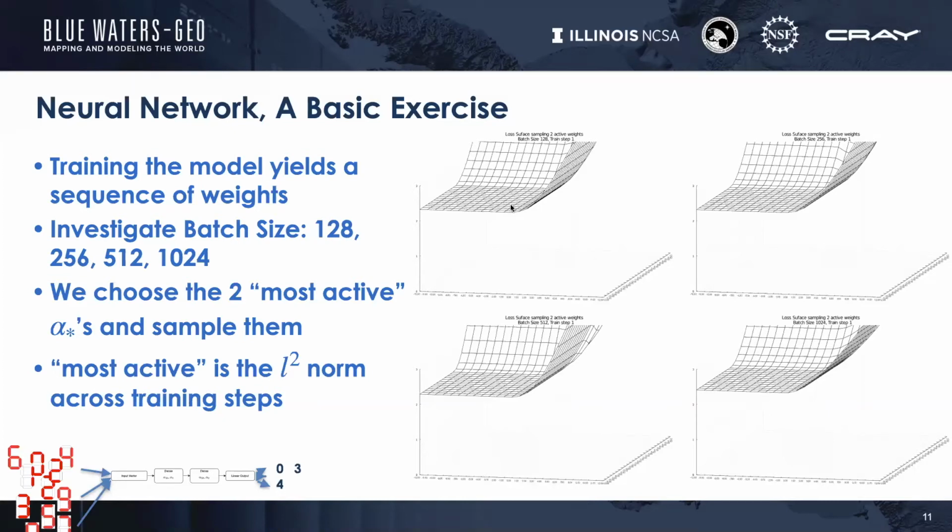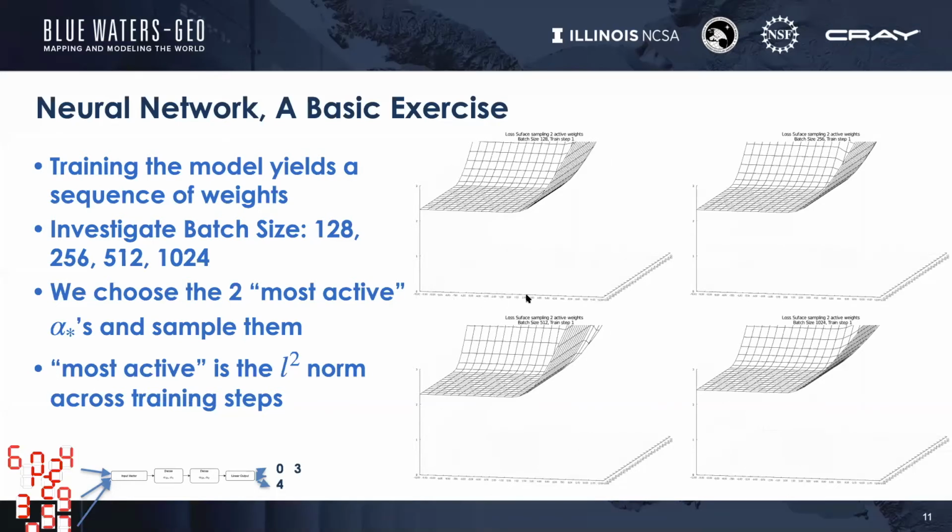And what I did is I looked at all the weights in the model, and I found the weights that, quote unquote, were the most active, that during training got changed the most. More specifically, I just used an L2 norm across the training steps, and I looked for the weights with the largest L2 norm.